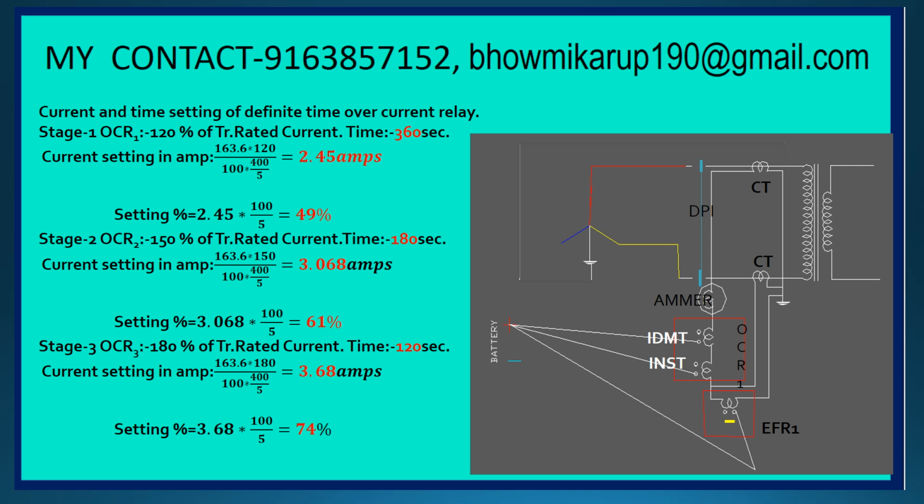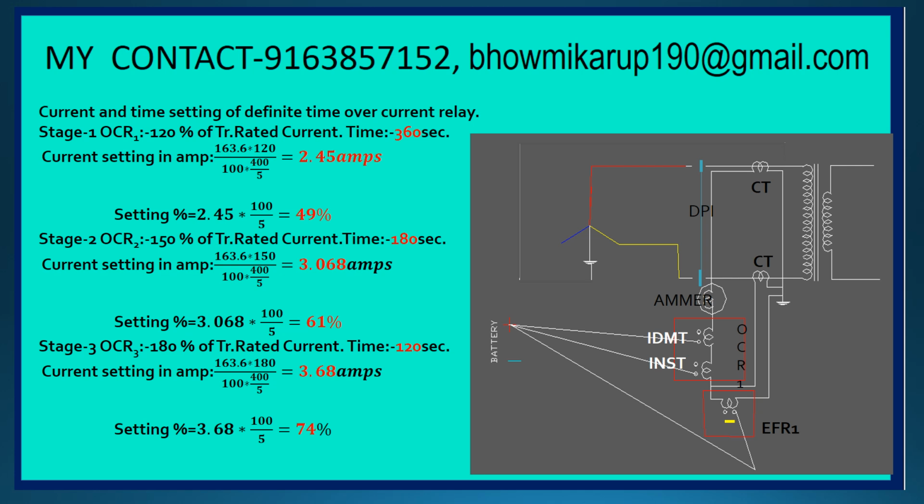So again you can find out the current, 150% current, and it is coming around 3.068 in the CT secondary set for relay setting. And then you can find out the percentage again. 3.06 is how many parts of the 5 ampere? It is 61% or 0.61 parts.